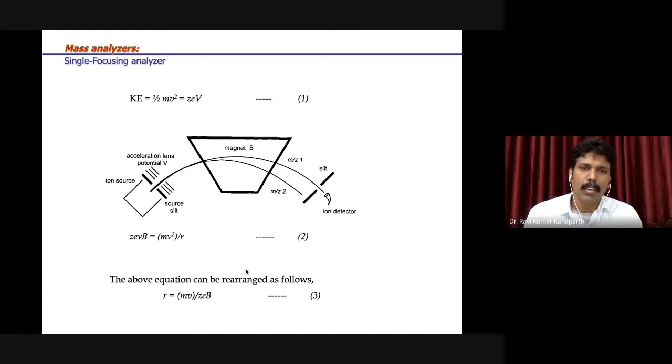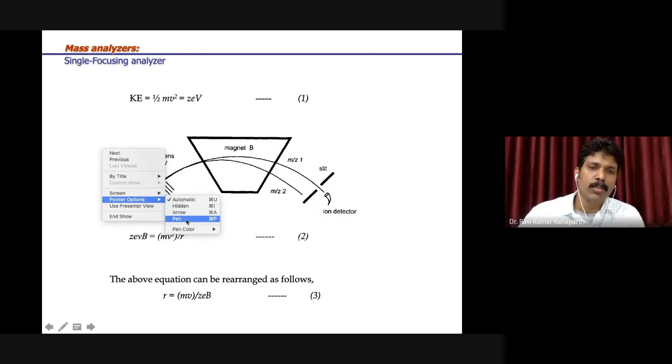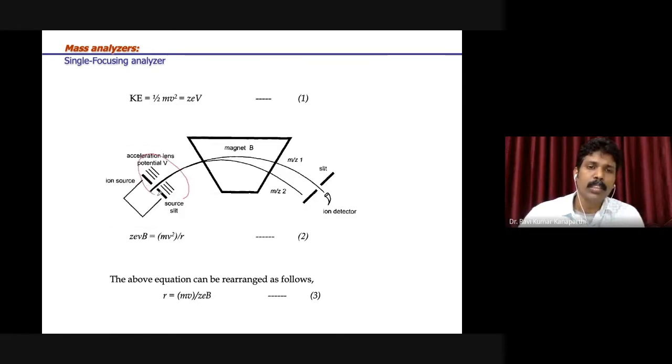Previously, the ionizer has formed the fragmented ions of the sample or the molecule we are interested in. Just after the ionizer, we have a small arrangement called accelerating lenses. In this diagram, it is already shown here: these are the accelerating lenses, and this is the ion source.